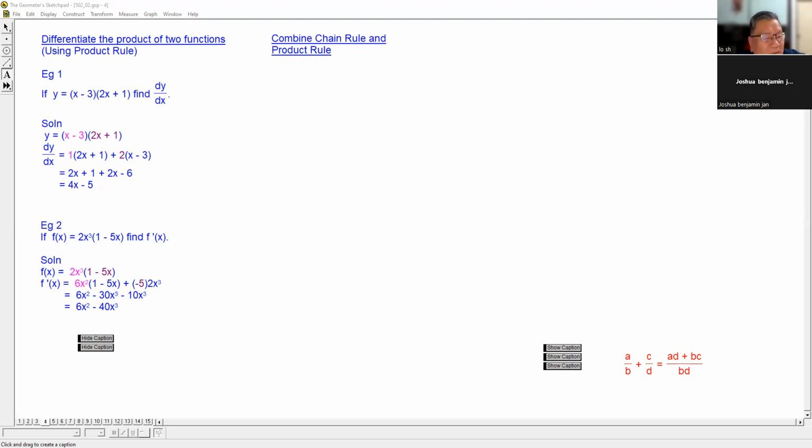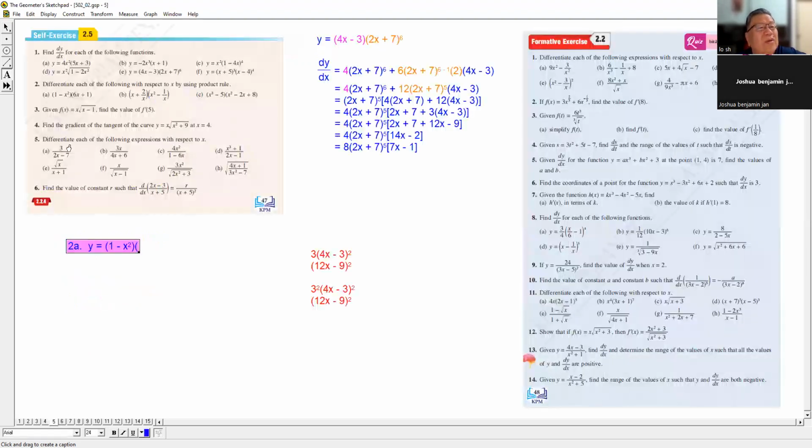I have to refer to the question. So negative 2x, negative 2x, 6x plus 1, negative 2x. Oh, wrong.